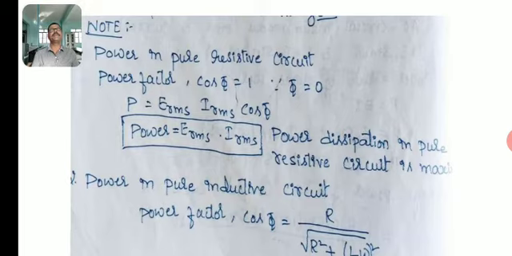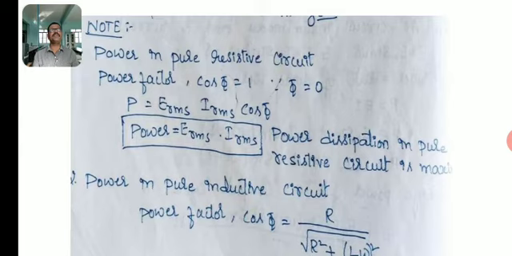If the circuit has only a resistor, such a circuit is called a resistive circuit. Then power factor cos phi is equal to 1, since phi is equal to 0, and power is equal to E RMS into I RMS. Then power dissipated in a pure resistive circuit is maximum.